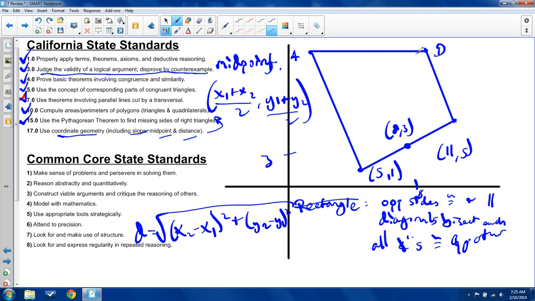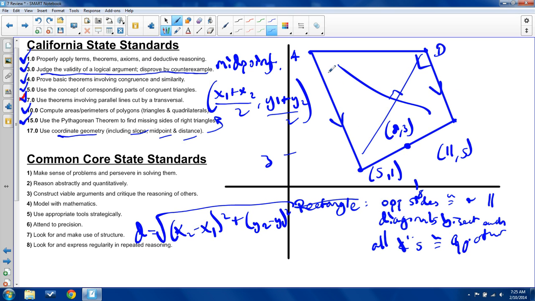If I want to know this is a right angle, or the diagonals are perpendicular bisectors and they make right angles, you better say it's because this slope is the opposite reciprocal of this slope. If you want to say these two lines are parallel, it better be because these two slopes are the same. And you better calculate that and find your reason.